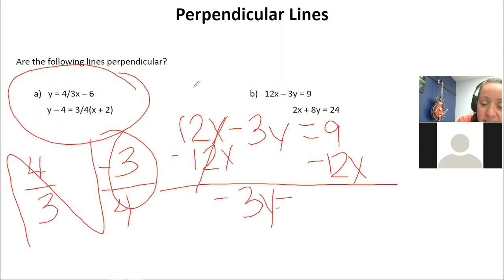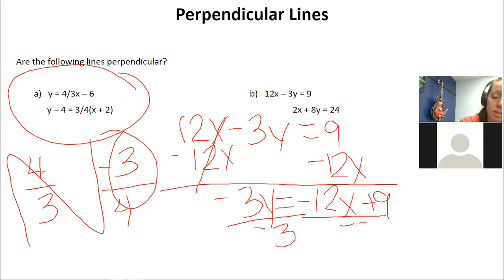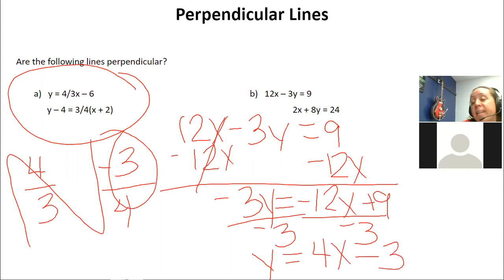Is that driving you nuts? Okay, then what would I do? Divided by -3. Good job. Y equals 4x minus 3. That's the first equation. And then the next one, we're going to do the same thing. We're going to do as Emma suggested.